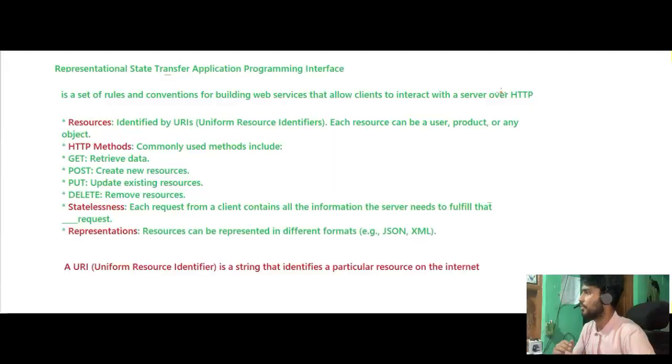So let's begin this video. We are on a computer screen, and before understanding the REST API, we need to understand what exactly an API is. API is nothing but an application programming interface, and generally it helps one program interact with another program. I'll give you one example. Suppose we have application A and application B. Application A is written in Java and application B is written in Python.